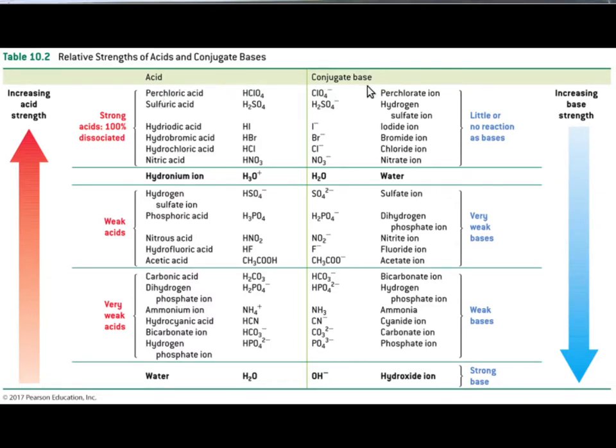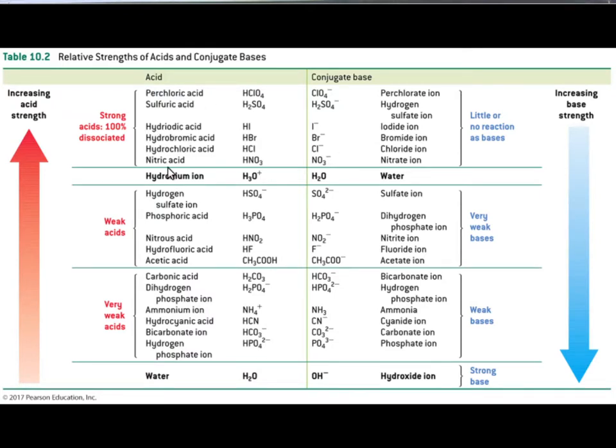Perchloric acid's conjugate base is perchlorate ion. Sulfuric acid's conjugate base is the hydrogen sulfate ion, and that looks like it's a typo. That should be just HSO4-. Hydroiodic acid's conjugate is an iodide ion.